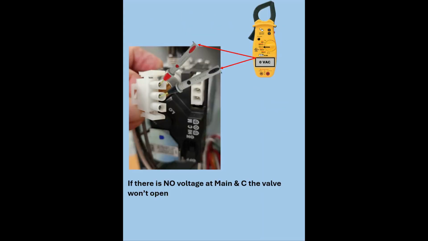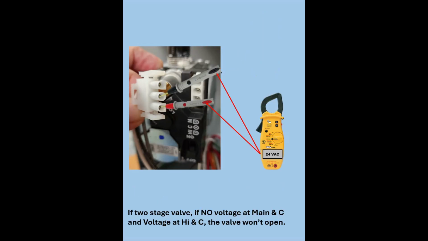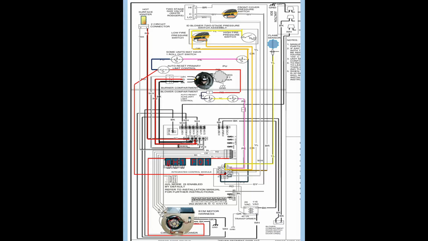If there is no voltage at main and C, the valve won't open. If there is no voltage at main and C, and voltage at high and C on the second stage valve, the valve won't open. The igniter is de-energized as soon as the flame is sensed.